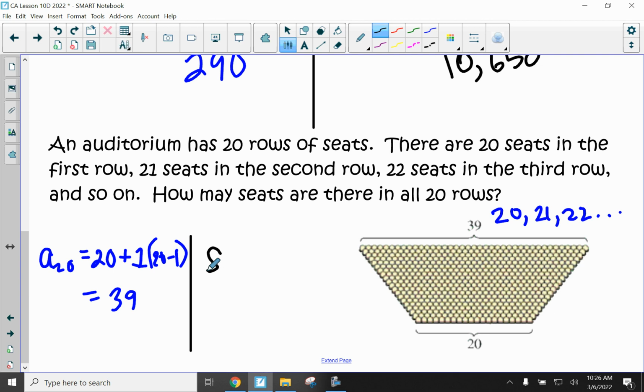It's not the sum of n, it's the sum of the 20 rows. That's going to be 20 divided by 2, multiplied by the first term, which is 20, plus the last term, which is 39. So this auditorium would have a total of 590 seats.